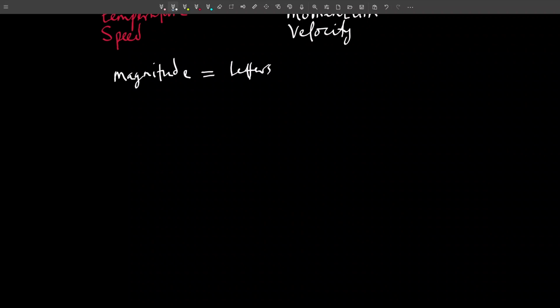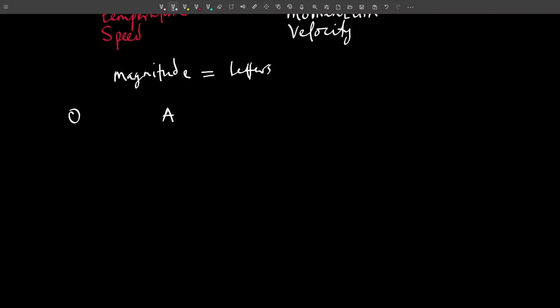So when you see a letter, that letter represents what? The magnitude of that quantity. Do you understand? For example, I have a quantity. Let me say that quantity is represented as A.